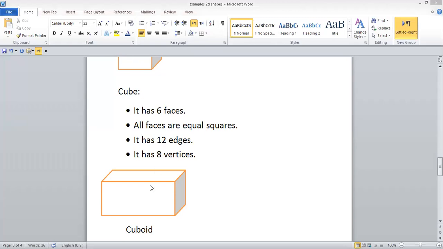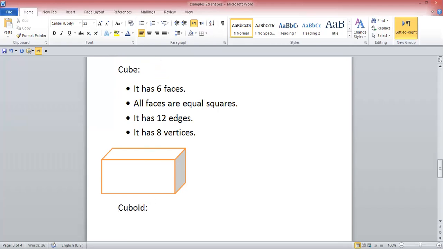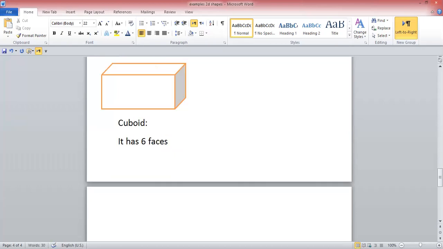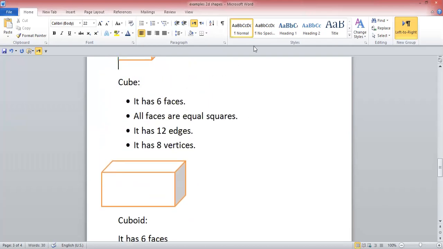This is now cuboid. Cuboid has also 6 faces. And guys, I'm going down now to write cuboid, right?